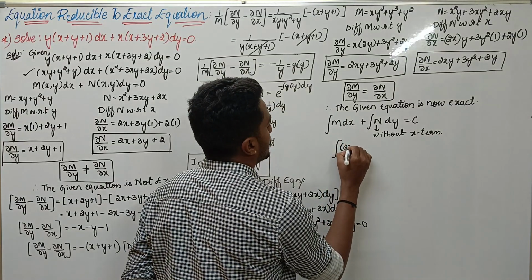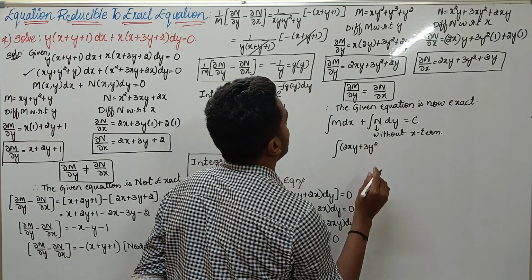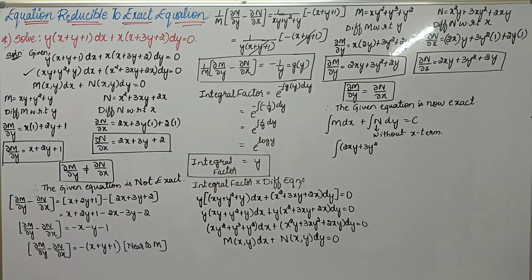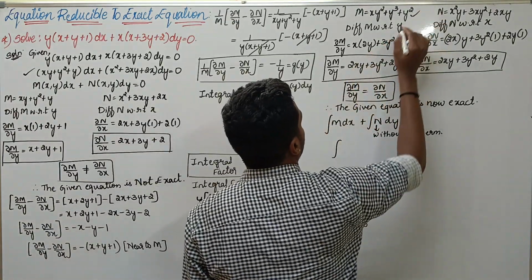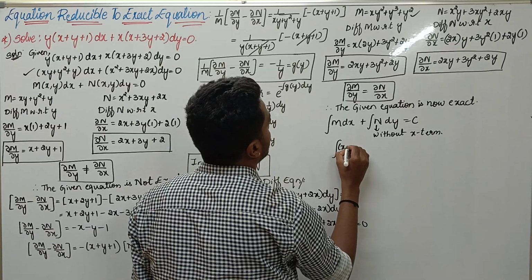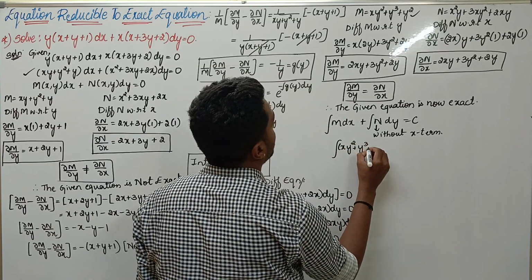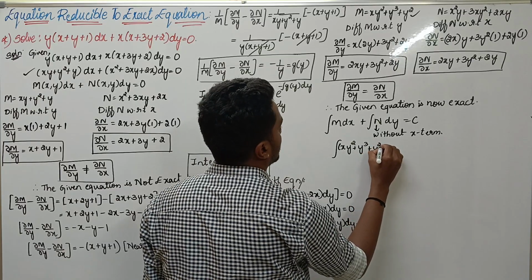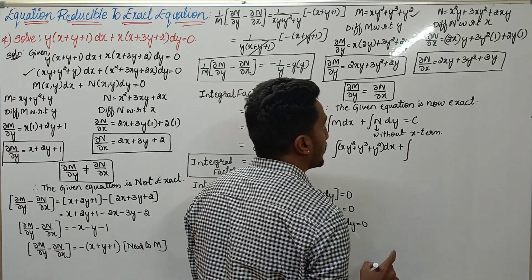What is M? Sorry, that is not M. M is this: xy² + y³ + y² into dx, plus N without x term.